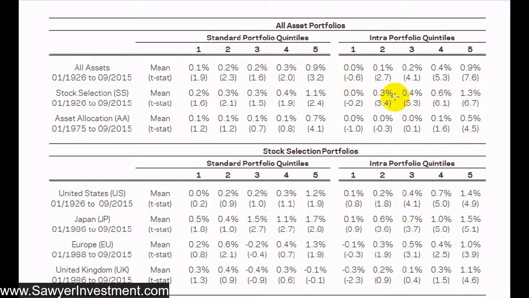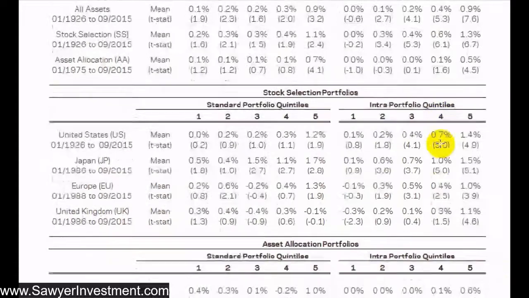And the same goes for the intra-portfolio quintiles, and that's the industries. With the intra-portfolio quintiles, we get some pretty significant t-statistics here, about 2, and 1 significant t-statistic, possibly a few others. So when we combine all of these regions together, we get a better result, even when it includes the UK, which doesn't necessarily follow the results that we were expecting.